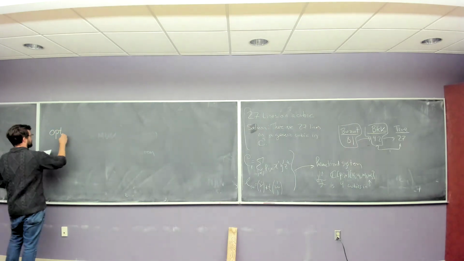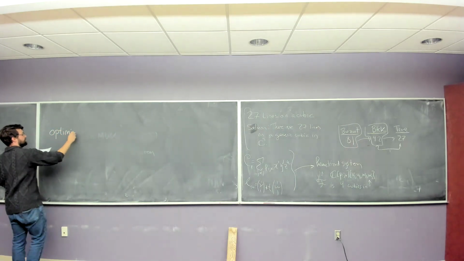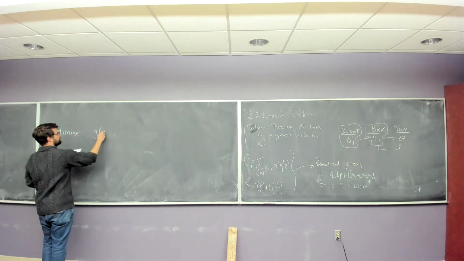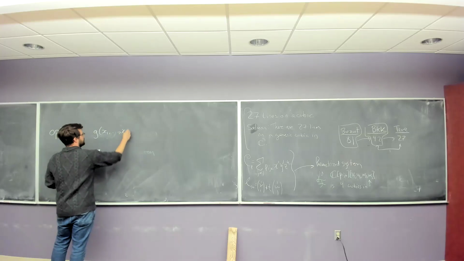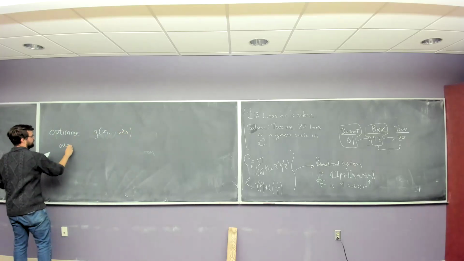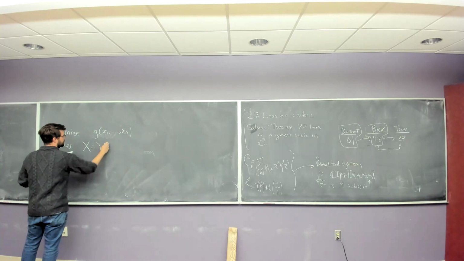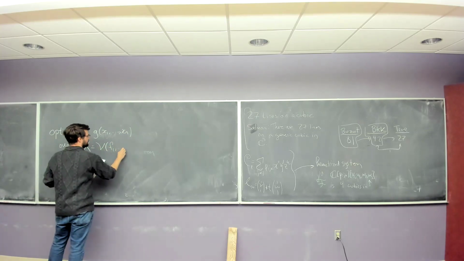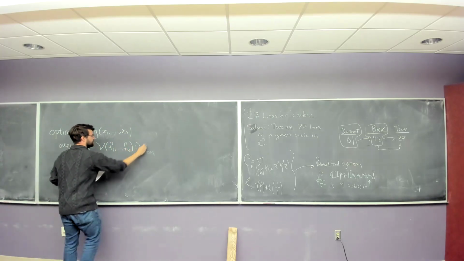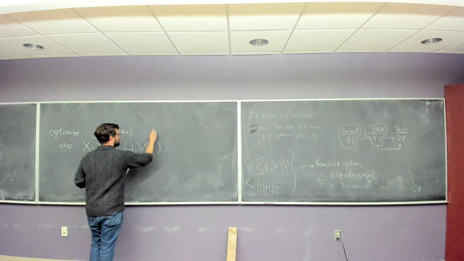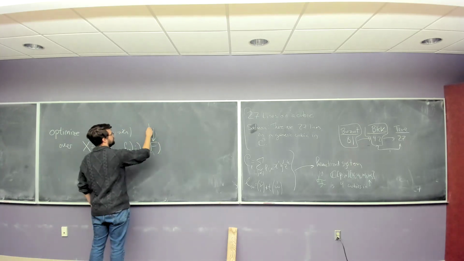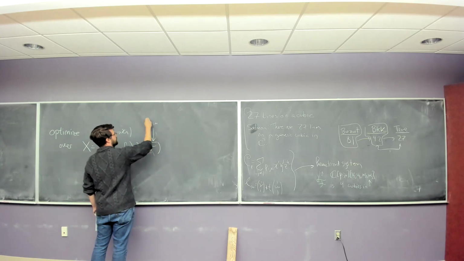Polynomial optimization asks to optimize some polynomial function over some variety, and let's say this is a prime ideal, generating a prime field.